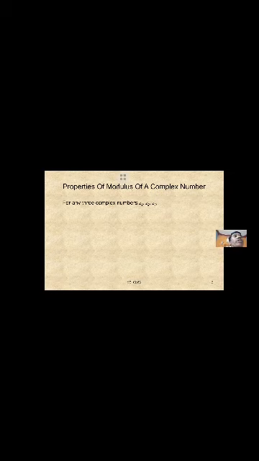Properties of modulus of a complex number. For any three complex numbers z1, z2, z3: first, modulus of z bar equals modulus of z. Second, modulus of z1 into z2 equals modulus of z1 into modulus of z2.